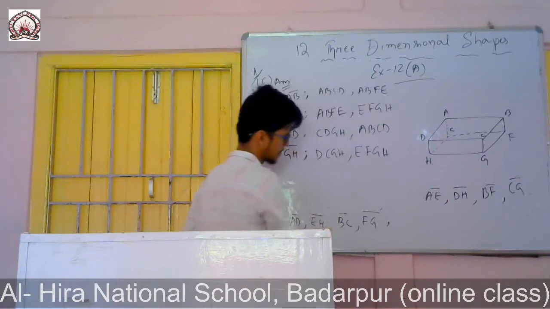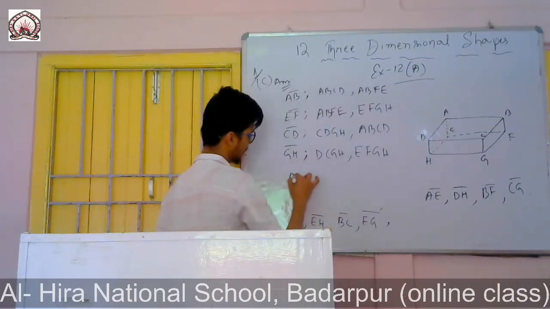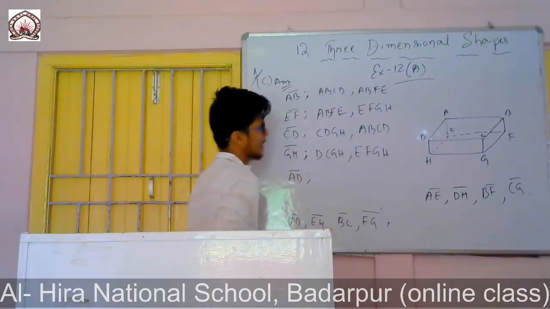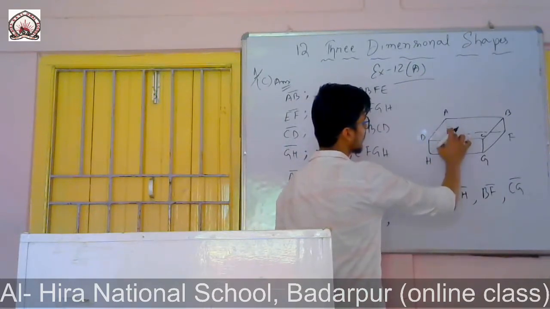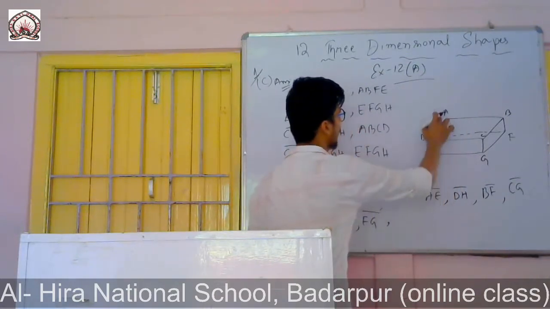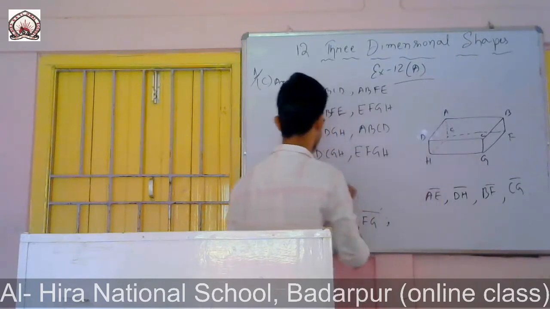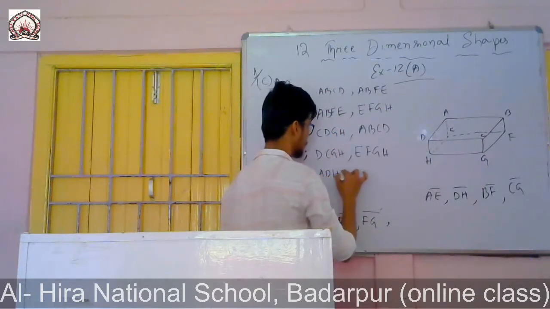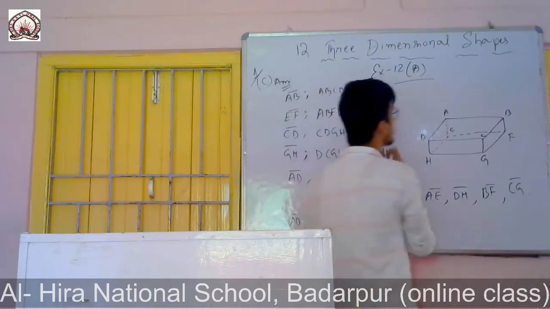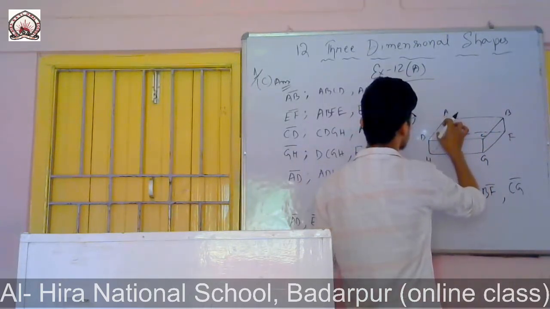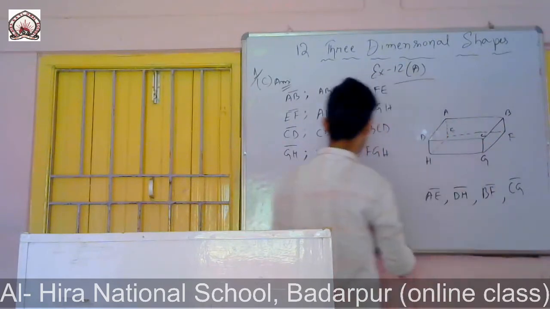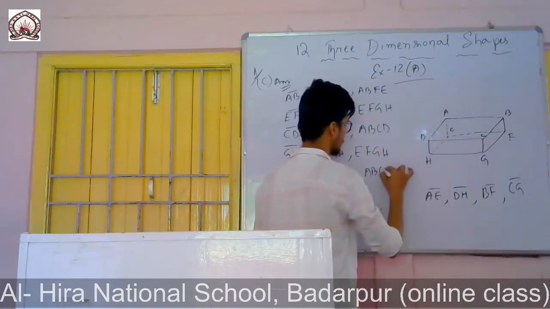Now this side's left. Then comes AD. Where? With AD, this face AEHD, but ADHE, anyone you can write, ADHE, and ABCD. This side ABCD is also associated. So ABCD.